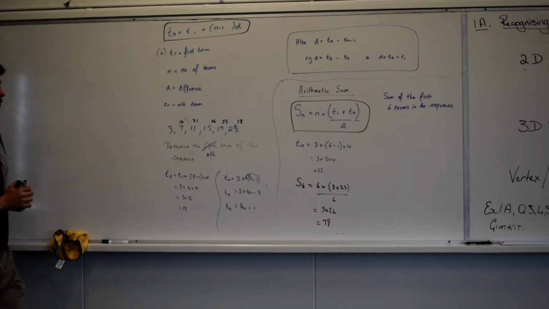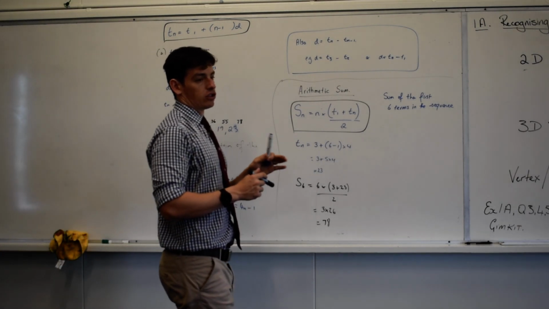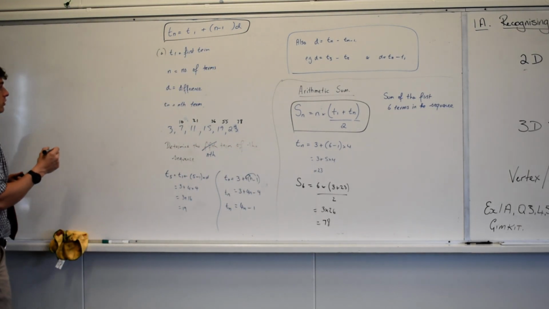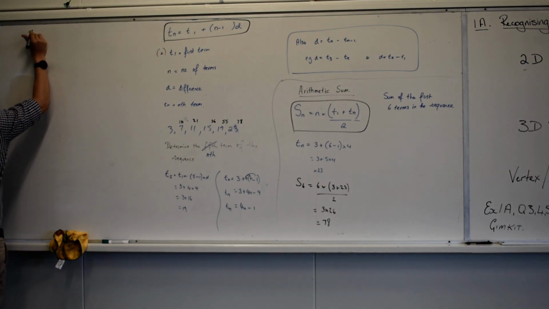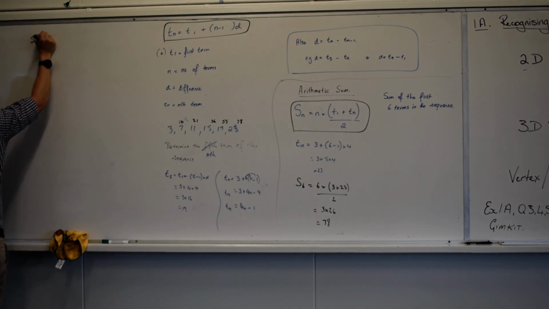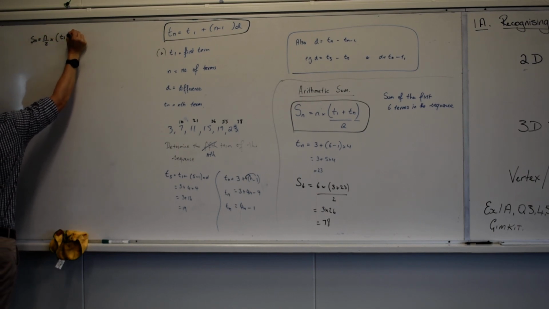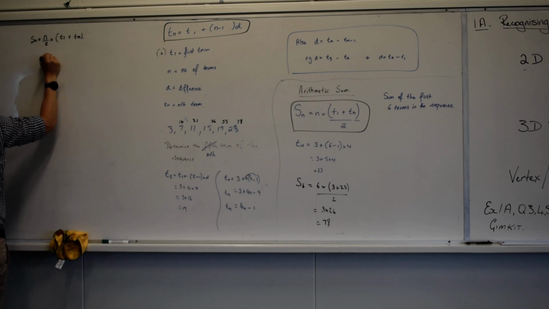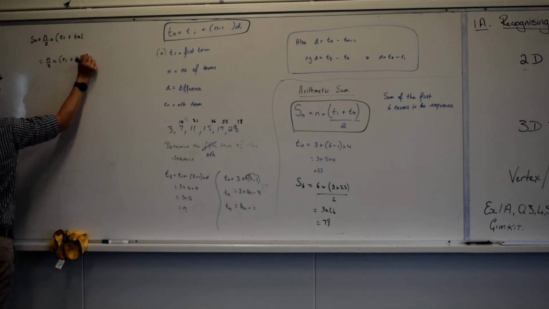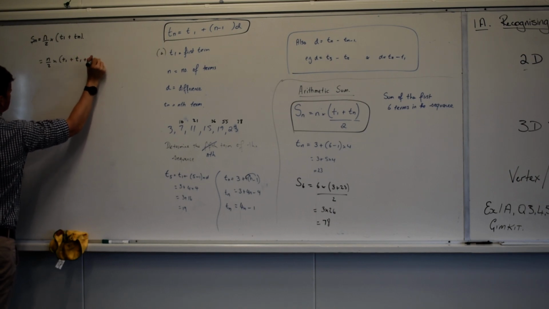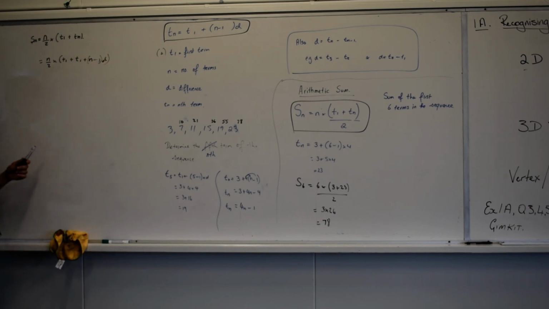Now, I do owe you the responsibility of showing you both formulas. So Sn equals n on 2 times (T1 plus Tn), and then I'm going to replace Tn with T1 plus (n minus 1)d.